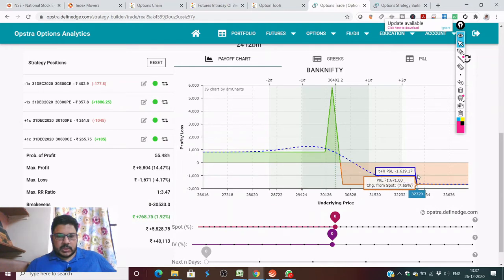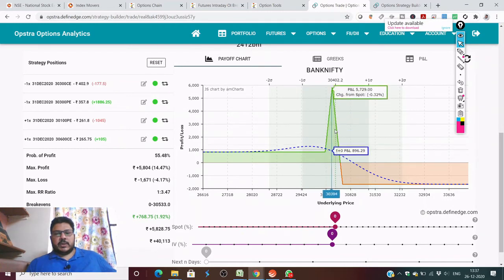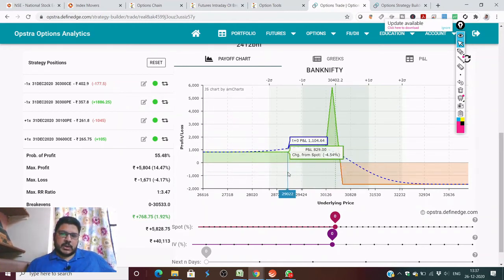My loss is 1600 if the market goes up. If the market goes down, maximum profit is 5800. My view is that the market will at least come down till 30,200, 250. So this is what I'm expecting. The moment the market opens, in this territory I will quickly square off this position and then make a position based on the market direction.